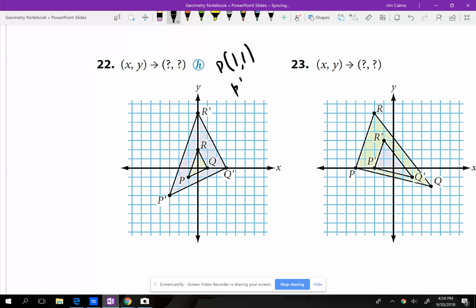P prime is minus 1, 1, minus 3, comma, minus 3. Looks like 3x, 3y. Okay, that's the homework.